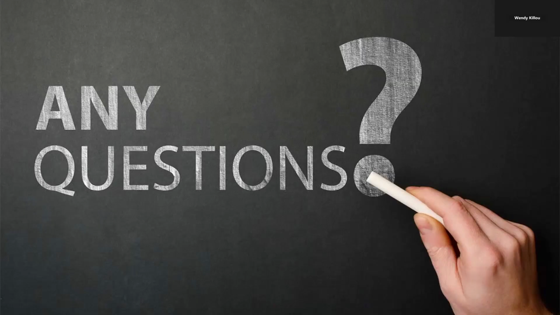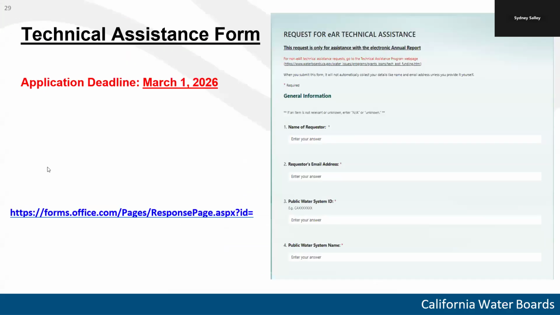Gunnar asked where the tutorial videos are. If you go to our eAR website, not the portal, but the eAR website, and I think Sydney is putting that in there. You would click on technical resources, I believe. It's just under resources.